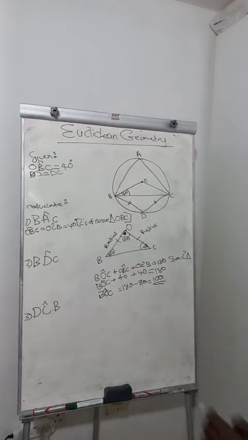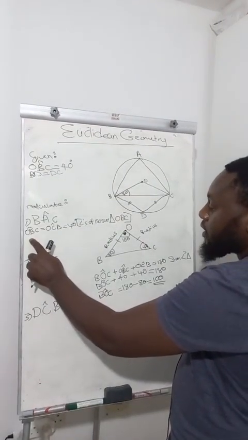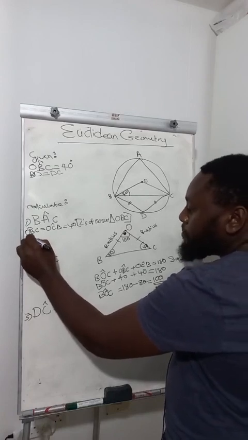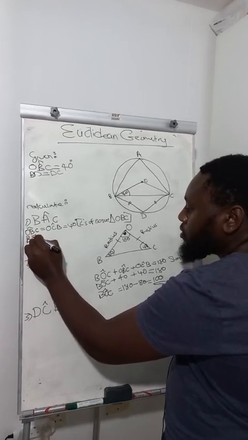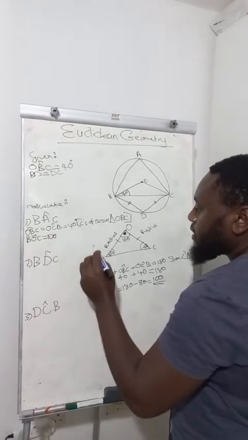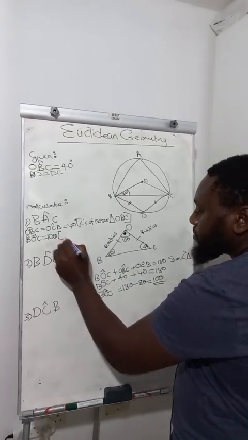So now you can write as a second reason or step. You'll say BOC is equal to 100. Now the reason for this will say what?